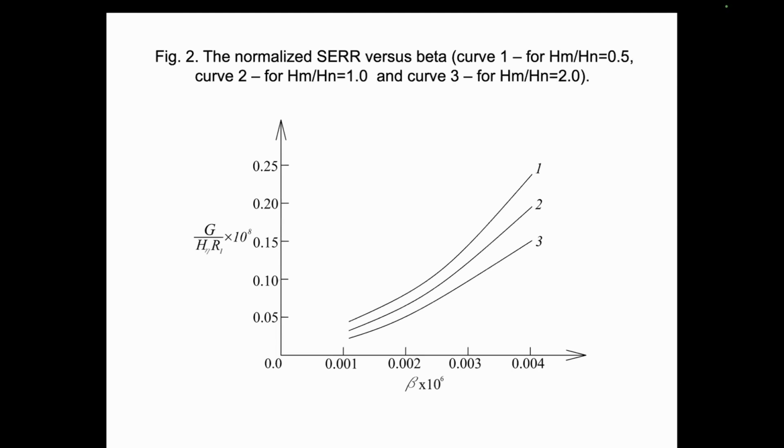It is evident from figure number 2 that both beta and H mu to H eta ratio have significant effect on the strain energy release rate. The strain energy release rate permanently increases as beta increases. Increase of H mu to H eta ratio induces reduction of the normalized strain energy release rate.